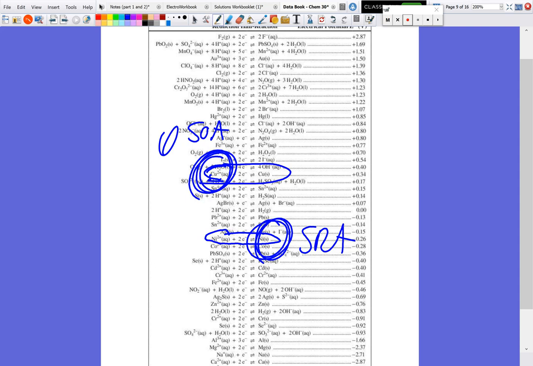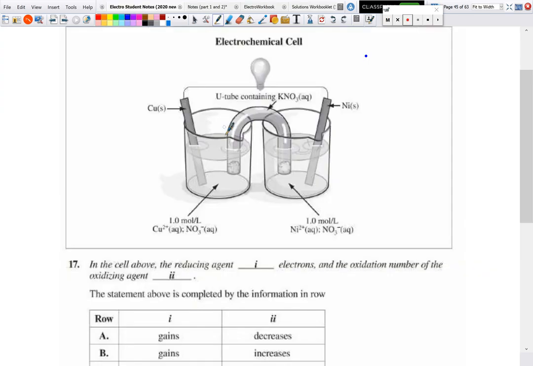So when we go back, we had nickel solid, strongest reducing agent, and the strongest reducing agent is oxidized, so that makes this side my anode. And over here, this was my strongest oxidizing agent, which makes this my cathode.